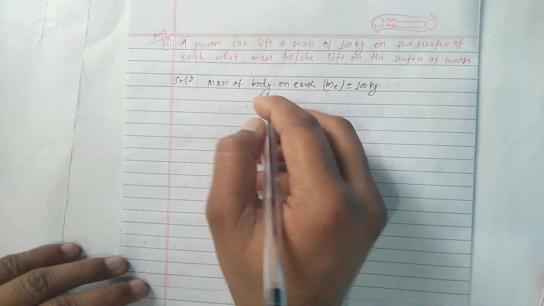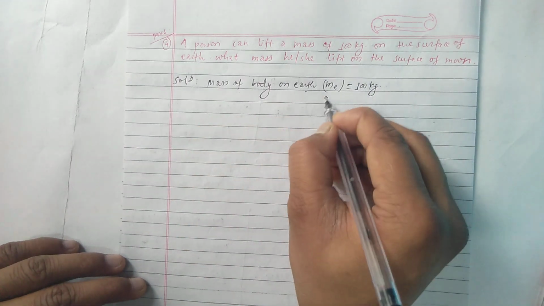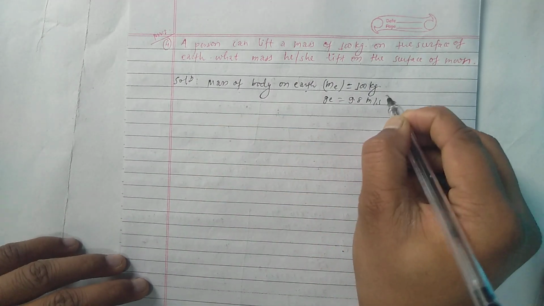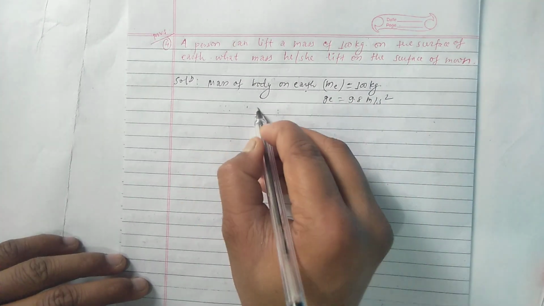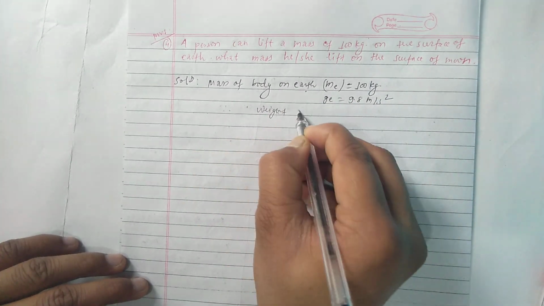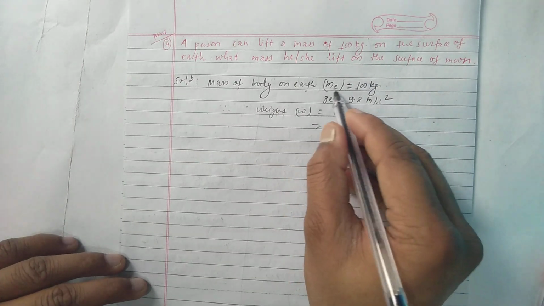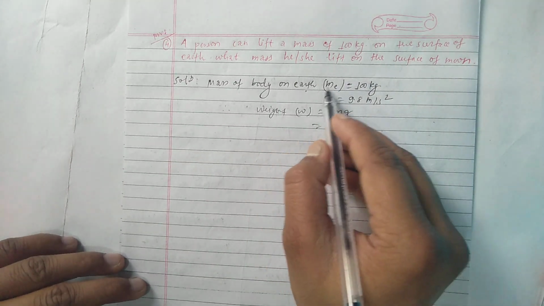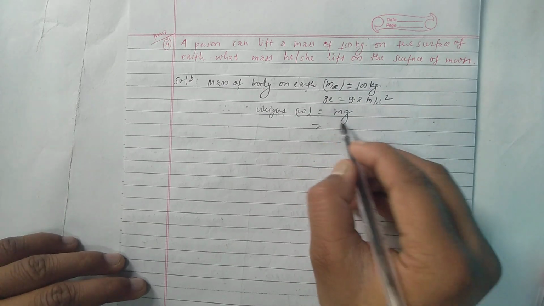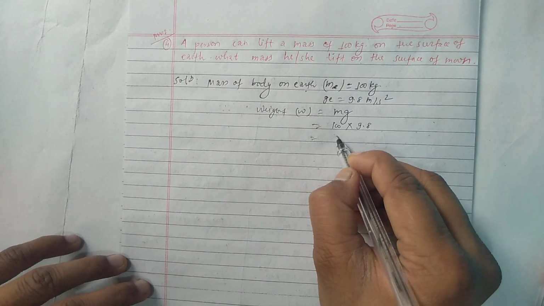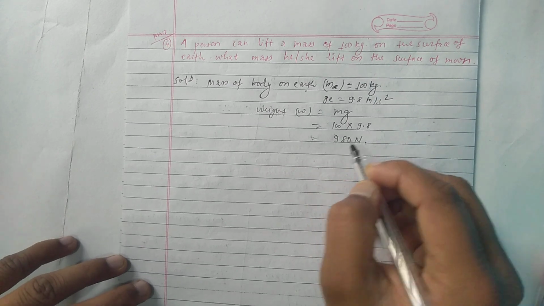Okay, and acceleration due to gravity of earth is g, also we already know 9.8 meter per second square. So we know that weight, that is W equal to mg. So this is mass of a body, 100, value of g equal to 9.8, so this value becomes 980 Newton.